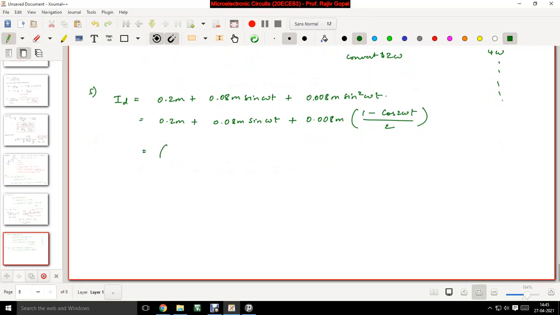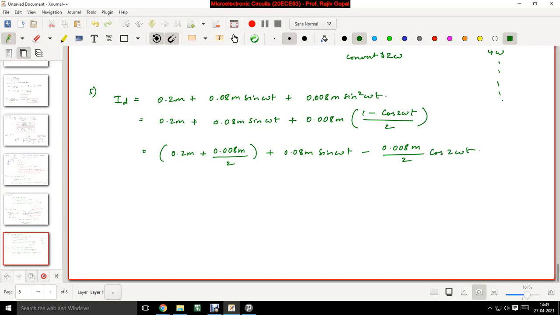So if I take it this side, 0.2 milli plus 0.008 milli by 2, this is the DC part, plus 0.08 milli sin omega t, plus minus 0.008 milli by 2 into cos 2 omega t.